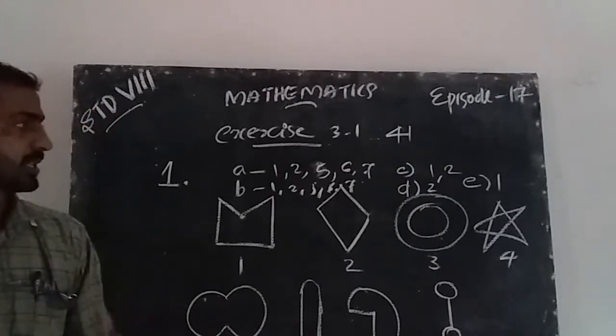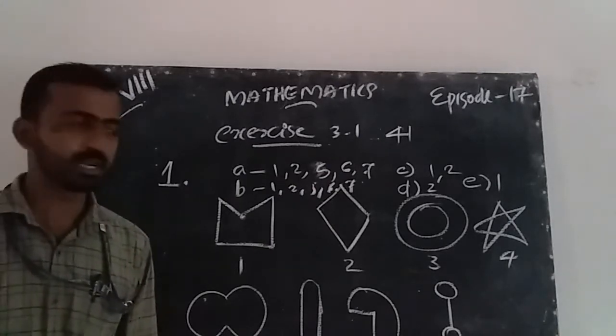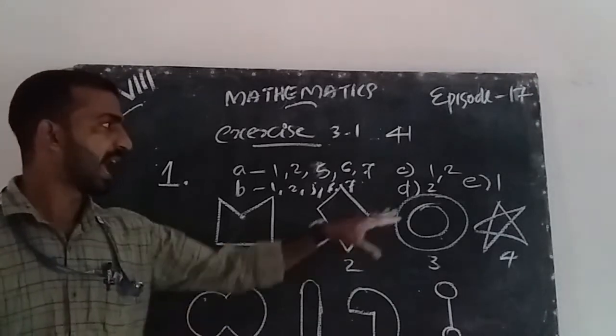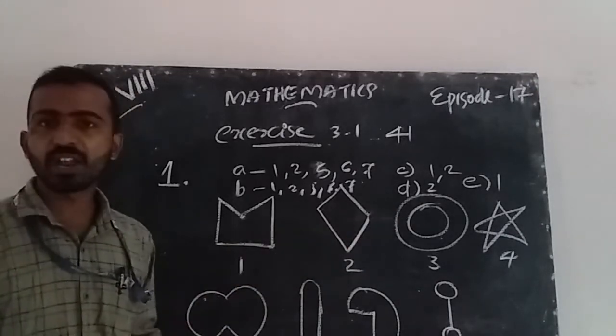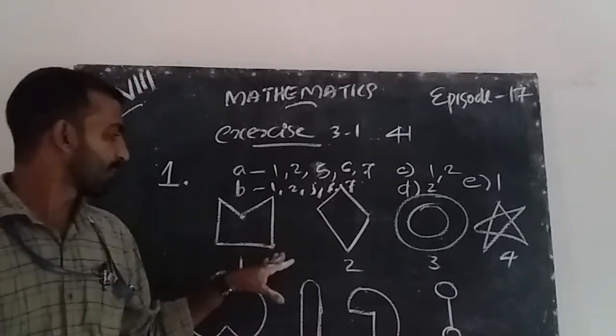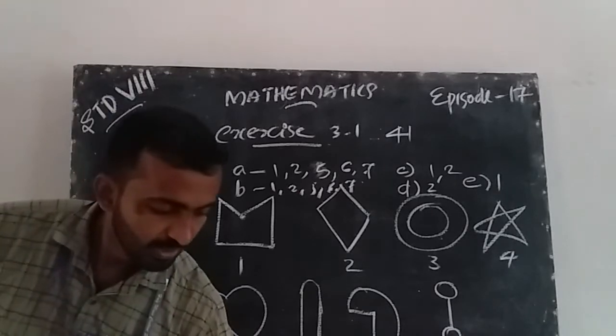And D part is we want to find the convex polygon. So figure 2 is the convex polygon, and we want to find the concave polygon, that is figure number 1, that is concave.